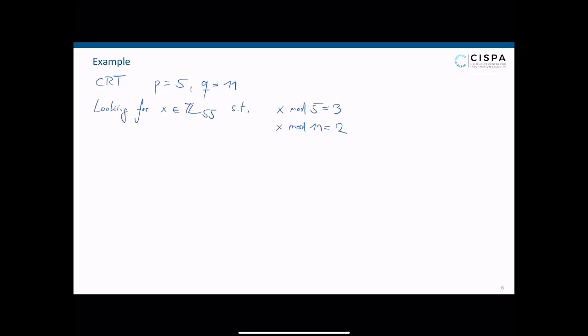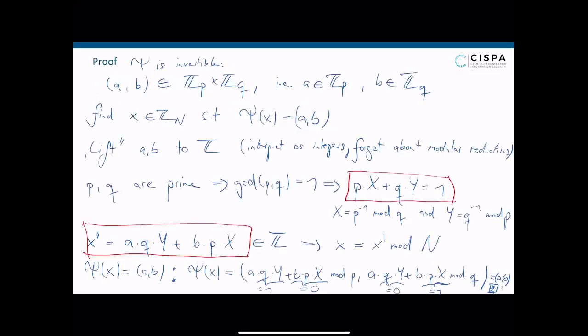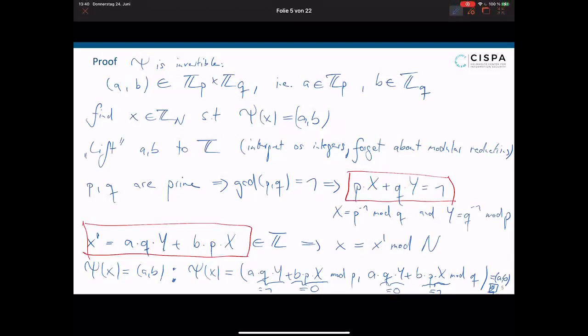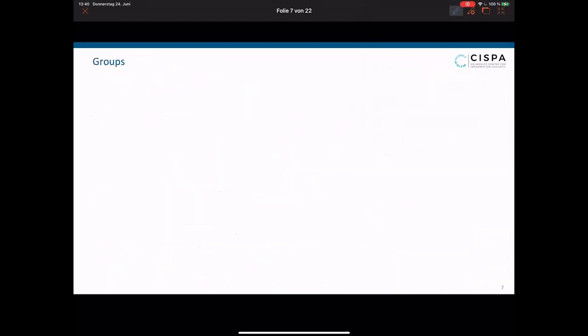Well, here's how I like to do that if I have to do it in my head. Going back to this, basically X is P inverse modulo Q and Y is Q inverse modulo P. So let's look for these things. Whoa, too fast.